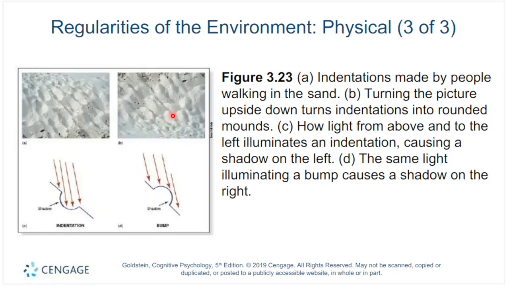Binago lang yung orientation niya. So, ang nakikita na natin dun sa indentation kanina, ano na siya? Umalsa na siya. 'Di ba? Kasi nga nagbago yung orientation. Nagbago rin yung position kung asan yung shadow. So, dahil may nagbago doon, nagbago na rin yung understanding natin dito sa tinitingnan natin. Okay?